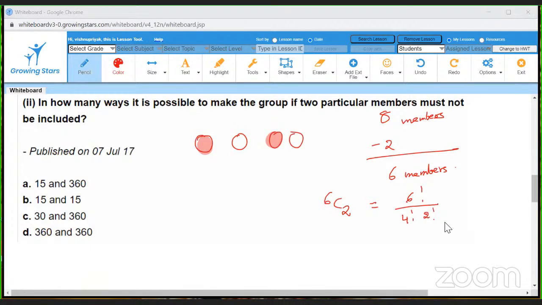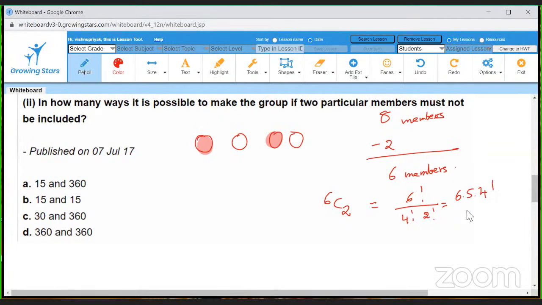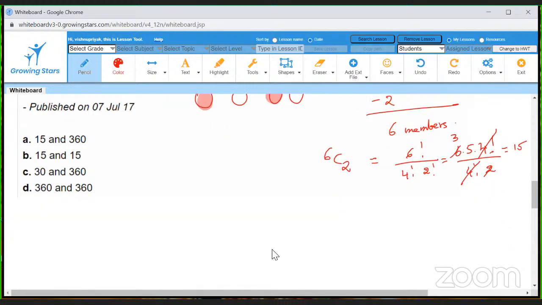This can be written as 6 into 5 into 4 factorial over 4 factorial and 2 factorial, and 2 factorial is 2. 4 factorial will cancel. Then you will have 15 ways. So if 2 particular members are included, the remaining 2 members we can select in 15 ways.